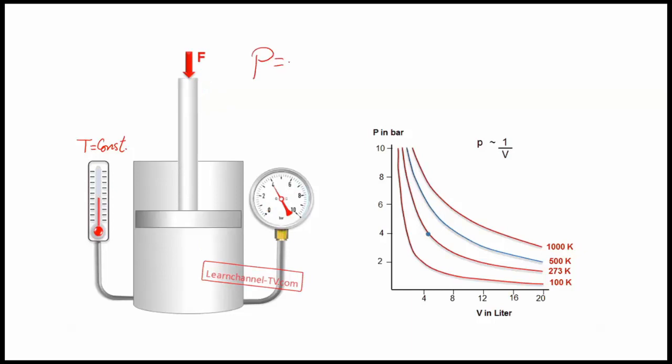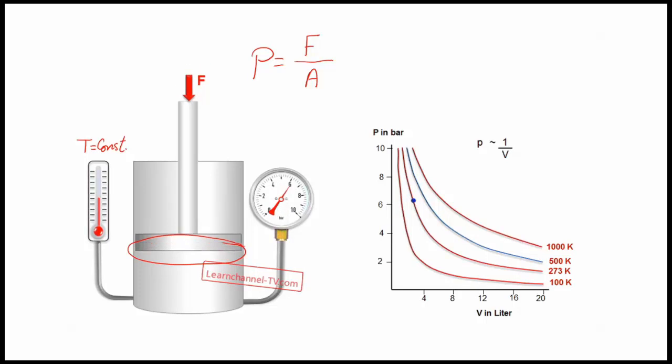Why? Because pressure equals what? You remember? Force over area. That's right. Area of what? Area of the piston. Usually, I don't want to say all of them, but according to my knowledge, the pistons are circular, so their area is pi r squared.